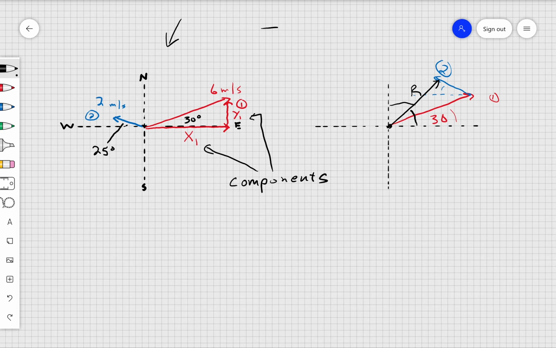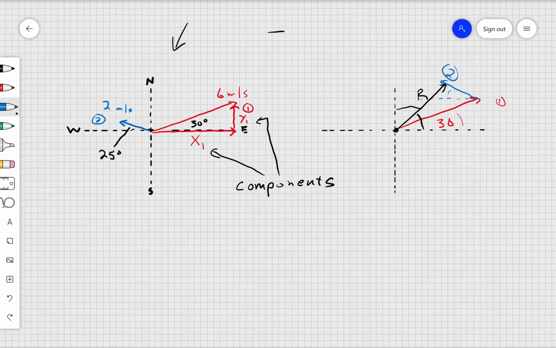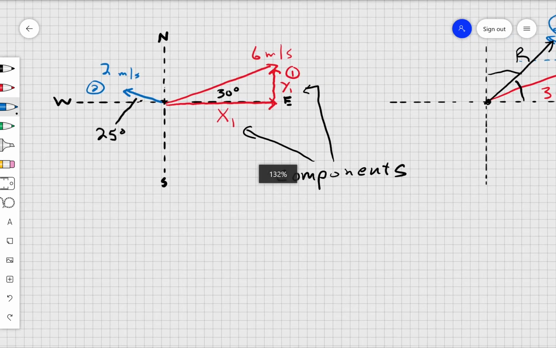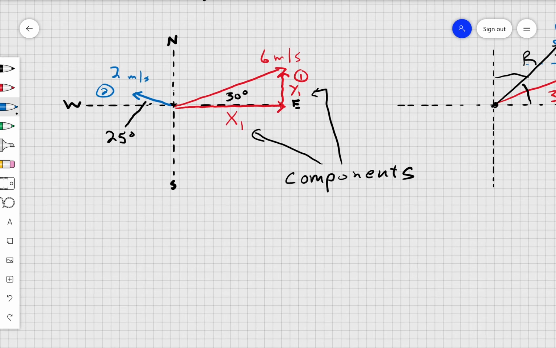So vector 2, and this one's a little bit smaller, I see. I'm going to zoom in on it just a little to try to sketch this in here. Vector 2 has an x component starting from the origin that points in the negative direction, that is x for vector 2, and a y component that goes from the x component in the positive direction.